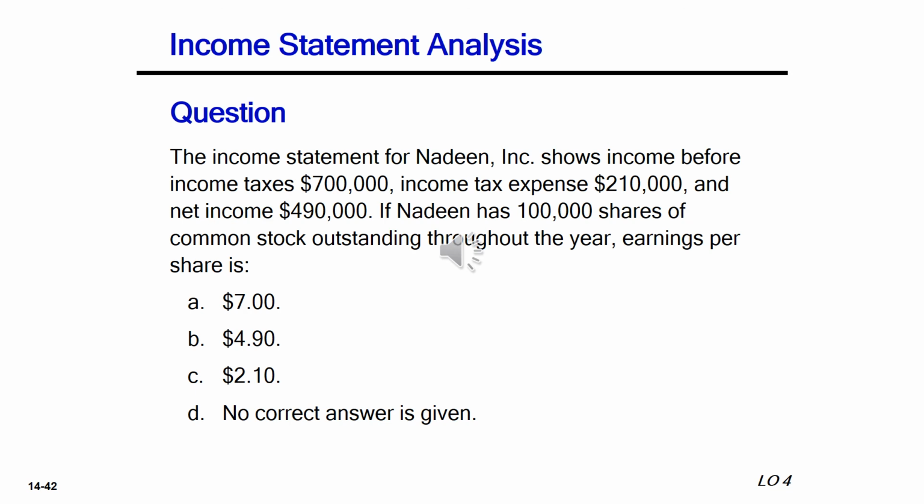If Nadine has 100,000 shares of common stock outstanding throughout the year, earnings per share is going to be A, $7, or B, $4.90, or C, $2.10, or D, no correct answer is given. And the answer here is B, and we're going to calculate this based on the following formula: 490,000, which is the net income, divided by the outstanding shares of 100,000 shares, and that's going to give us $4.90.